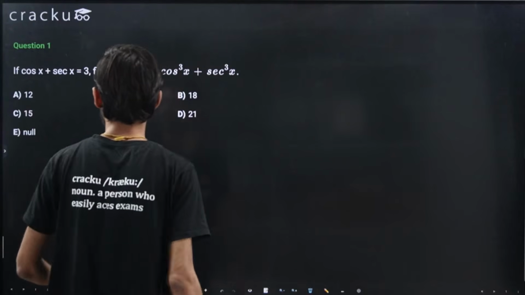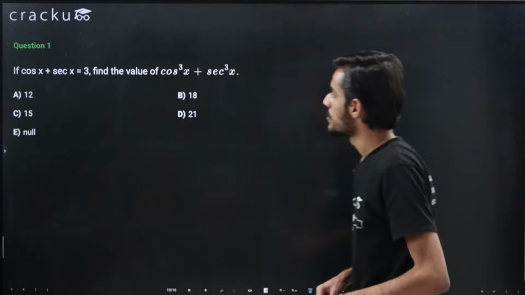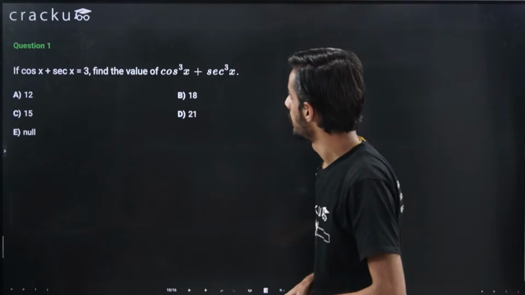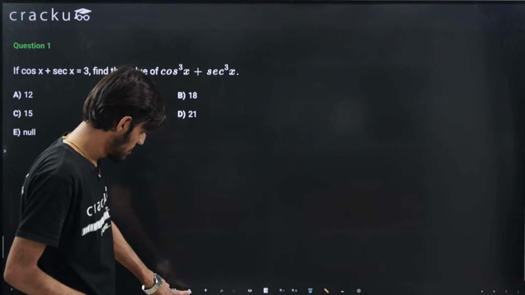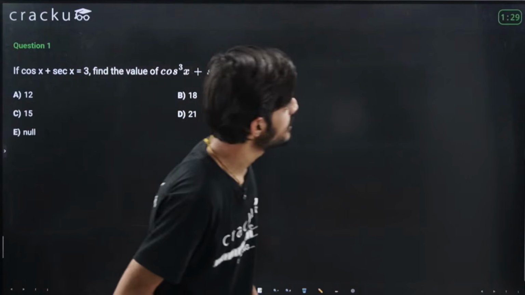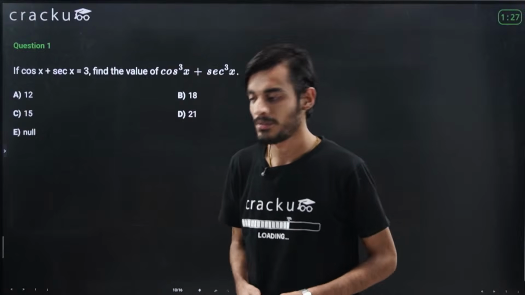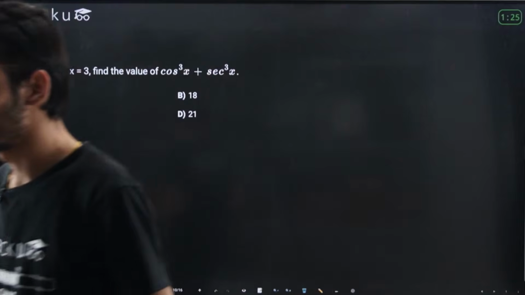Try this question. This is the first question for today regarding the basic trigonometric identity. You have 90 seconds. You can just try this question and then we will look at the solution.